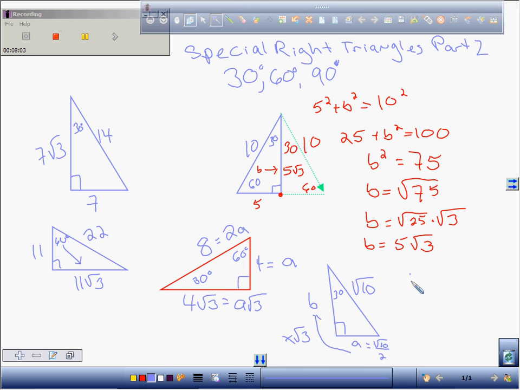So I'm going to get square root of 10 over 2 times the square root of 3, which is square root of 30 over 2. And I think that's as much as you could simplify that. And so you read that just like that. Okay? So it can be tricky when you have the square roots in the wrong places and stuff like that.